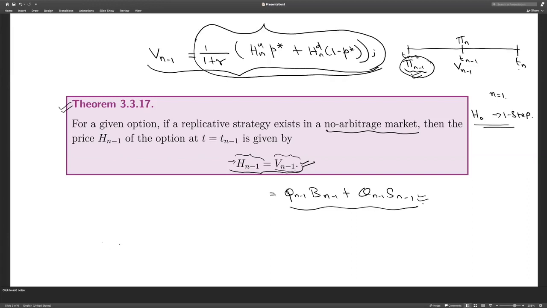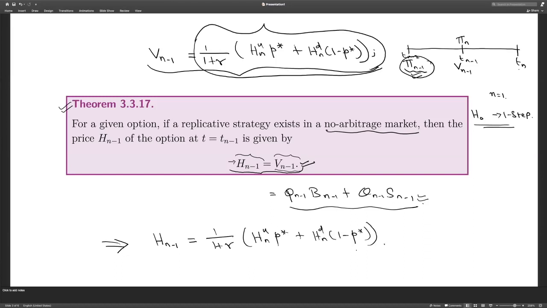So therefore, with this theorem, you can in fact write the option value at t equal to Tn minus 1 as 1 by 1 plus r into Hn u p star plus Hn d 1 minus p star.